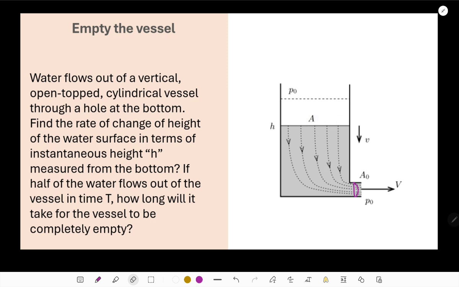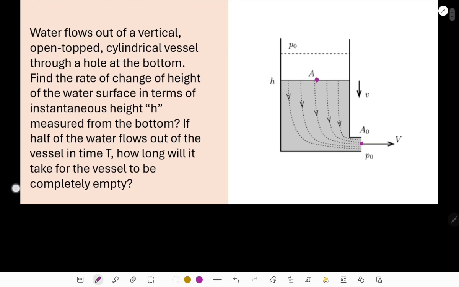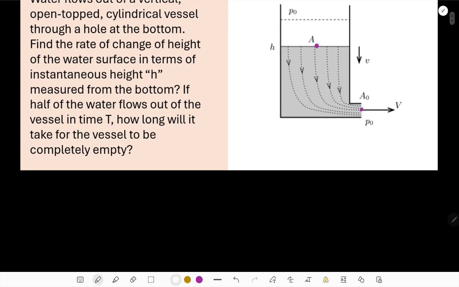And to apply Bernoulli's theorem, we have taken 2 points. One point is here and one point is here, and we can apply Bernoulli's equation for this ideal fluid flow.